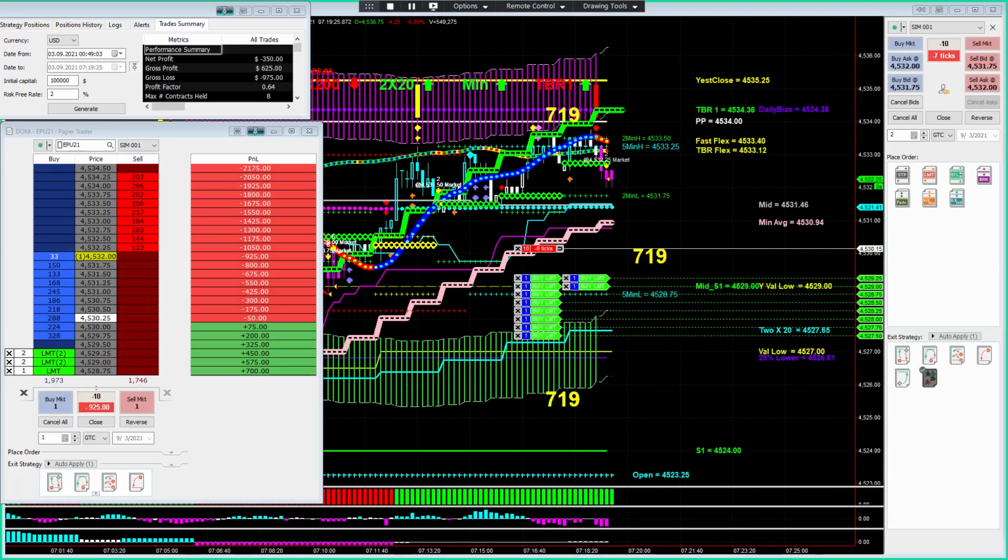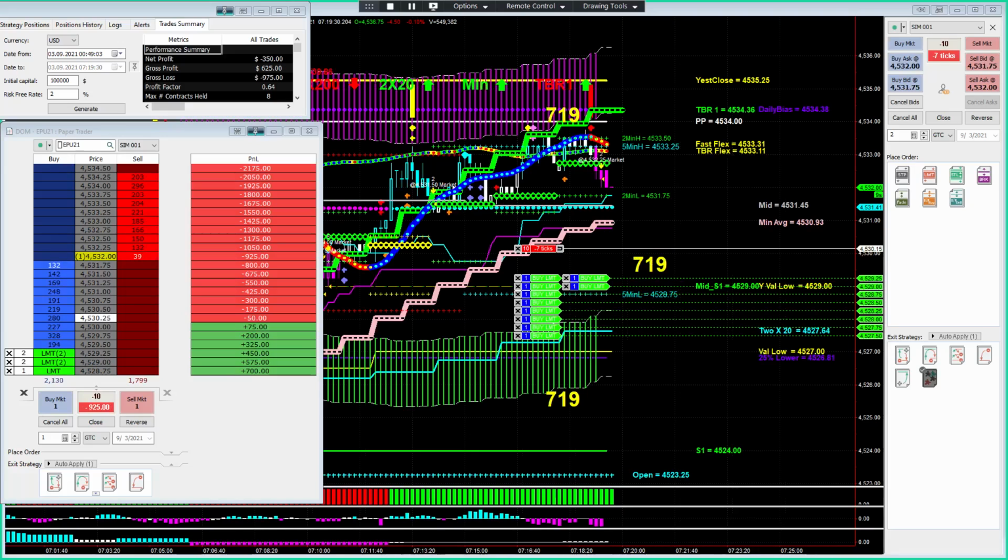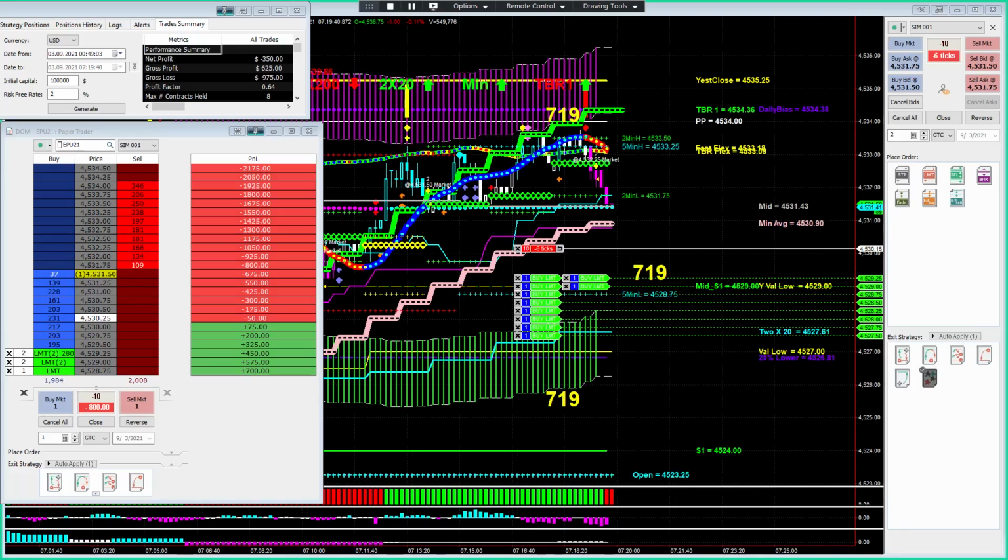So I've kind of got a couple of units in there. Now we have to watch it around the minute average, right? So my position average is here. So if it gets weaker here, right, we've got midline and the minute average. If it gets weaker here on the way down, I could potentially sell into it a little bit more.